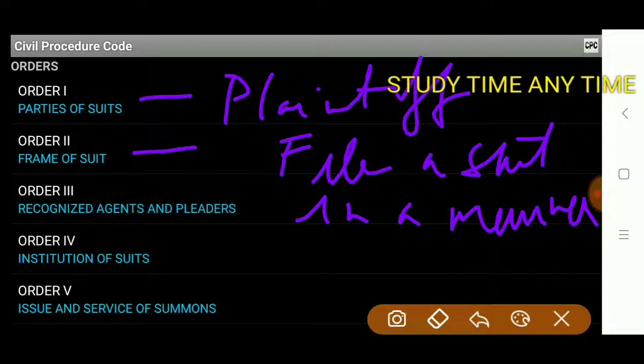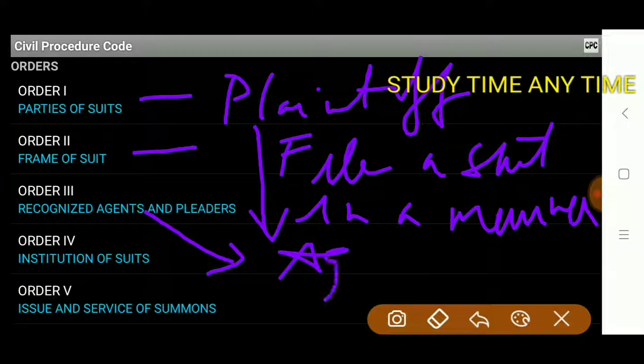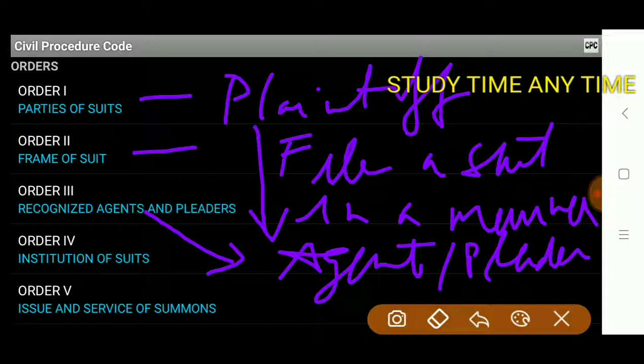And third, now they are saying that if the plaintiff is not available, then he may sue through an agent. He may sue through the agent, or the pleader is given the attorney to represent the plaintiff or the defendant also.